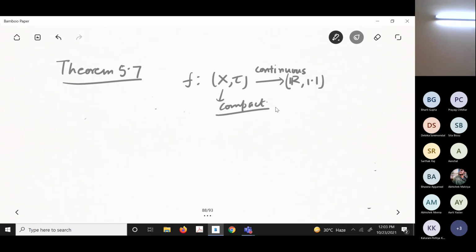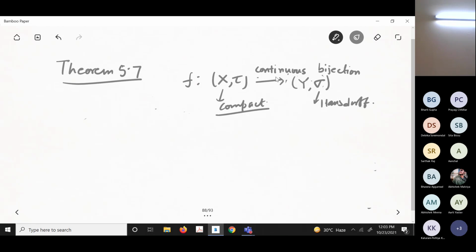And of course, this is Hausdorff. And using bijection, that means one-to-one correspondence, that means it is one-to-one and onto.